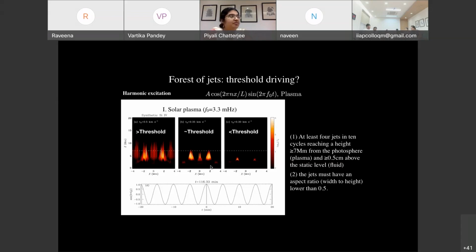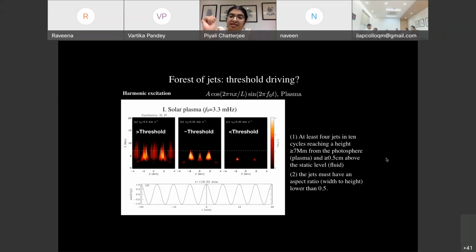So for that, we first define a forest of jets. So basically that is defined here. We need to have at least 4 jets in a particular observation time, which go beyond the critical height. So that is one condition.